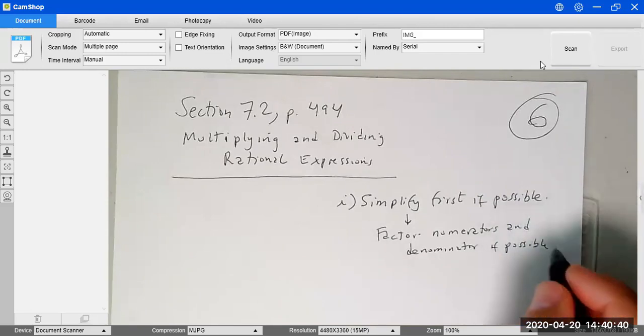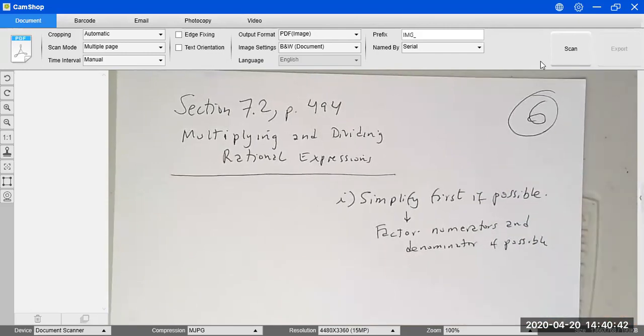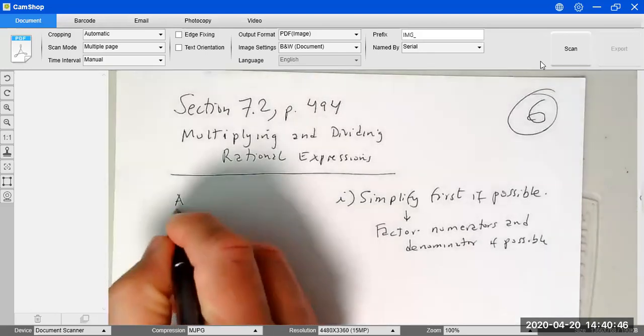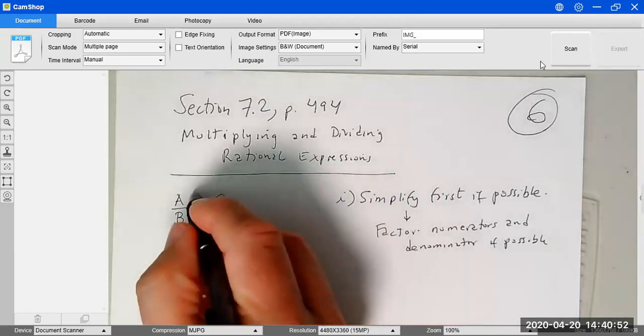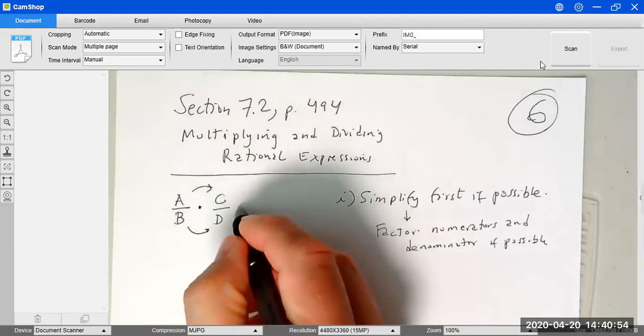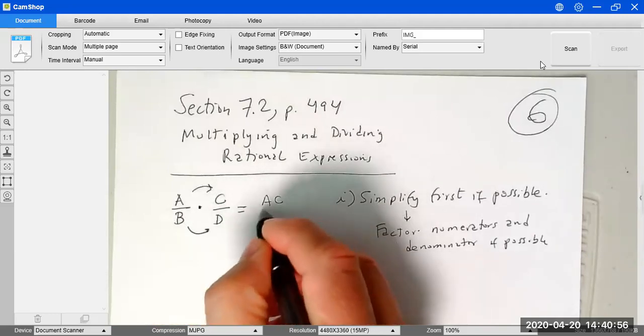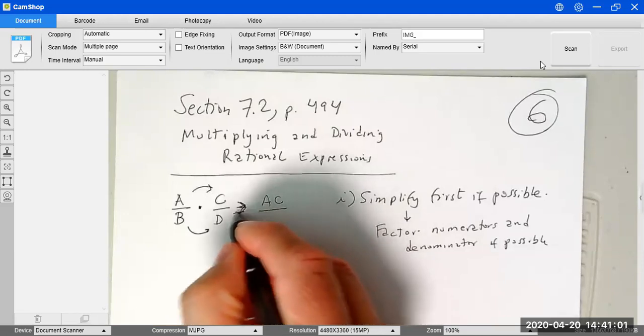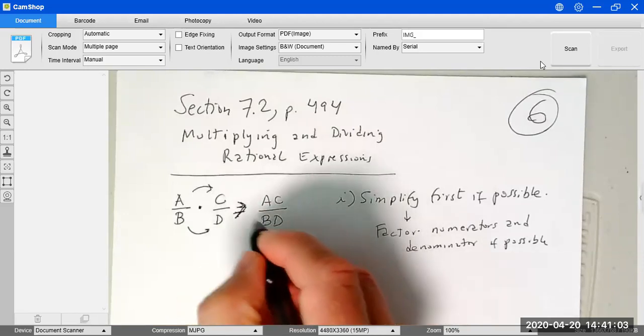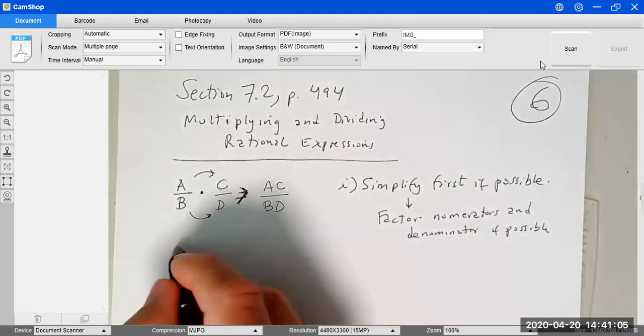Because if you simplify, then your multiplication or your division is going to be easier. So we're going to have a fraction like this. This is a multiplication. You're going to multiply across, so you're going to get A times C and B times D.